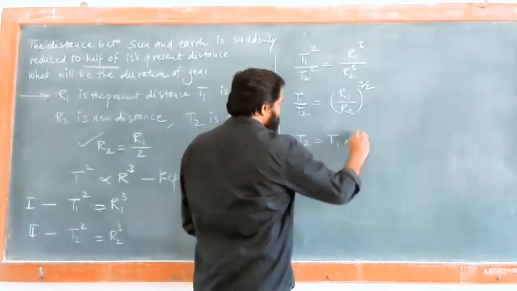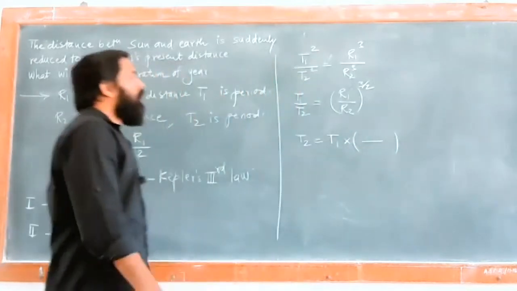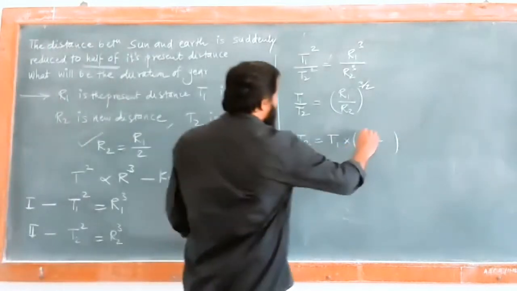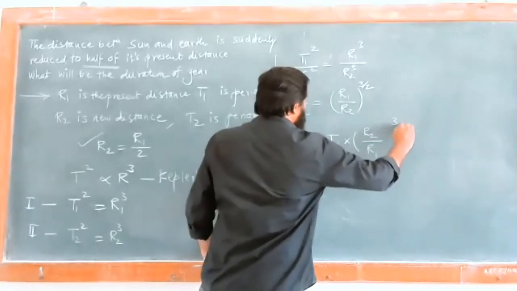Let's check the values and we have the ratio t2 upon t1 equal to r2 divided by r1 raised to 3 by 2.